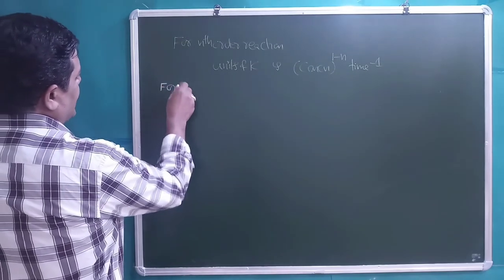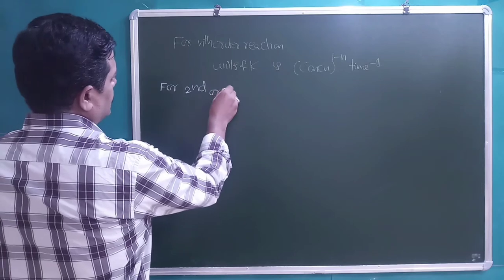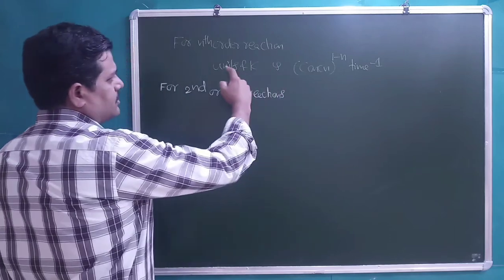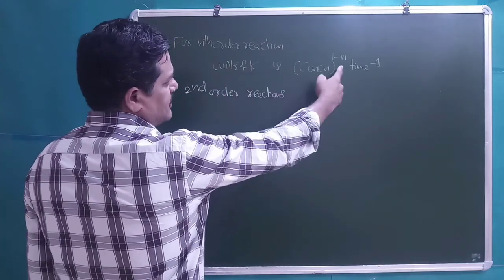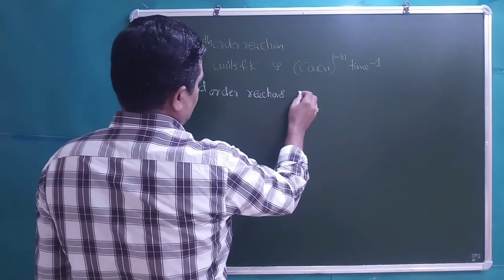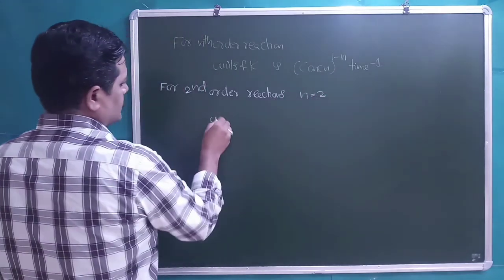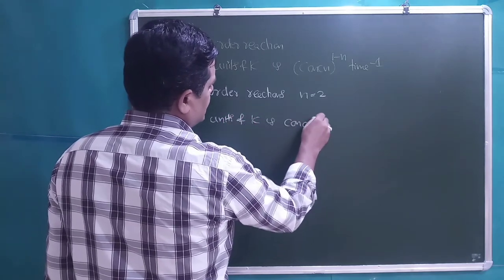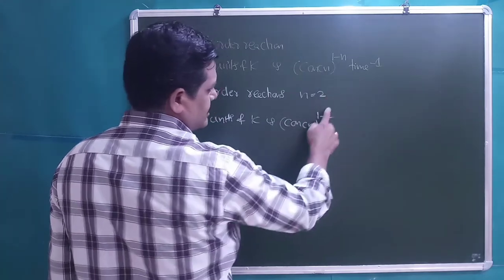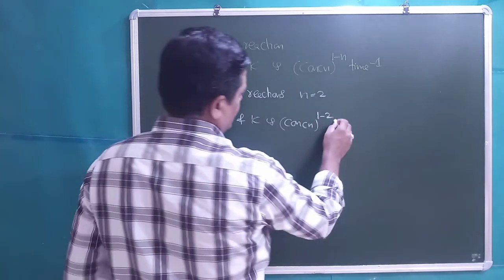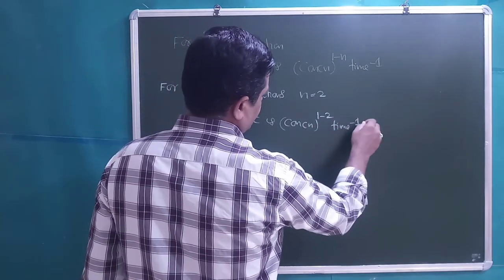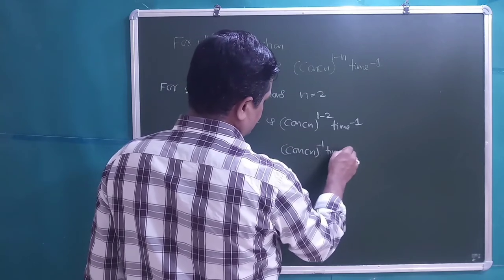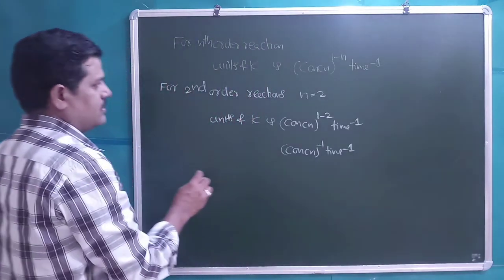Students, for second order reactions, in this units of K expression, let us substitute n is equal to 2. Units of K are concentration power 1 minus 2, time inverse, so the units will be concentration power minus 1, time inverse.